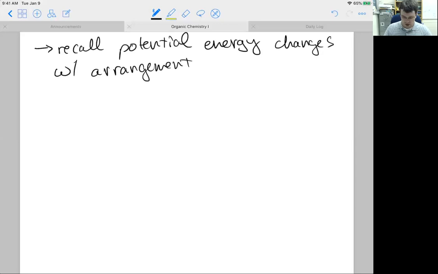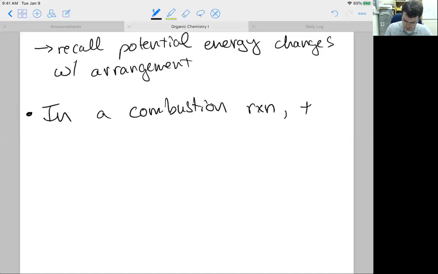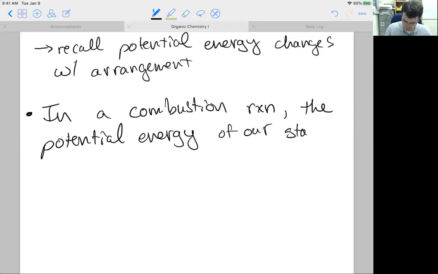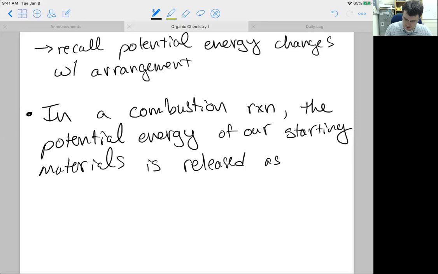Okay, so in a combustion reaction, the potential energy of our starting materials is released as a result of the reaction.